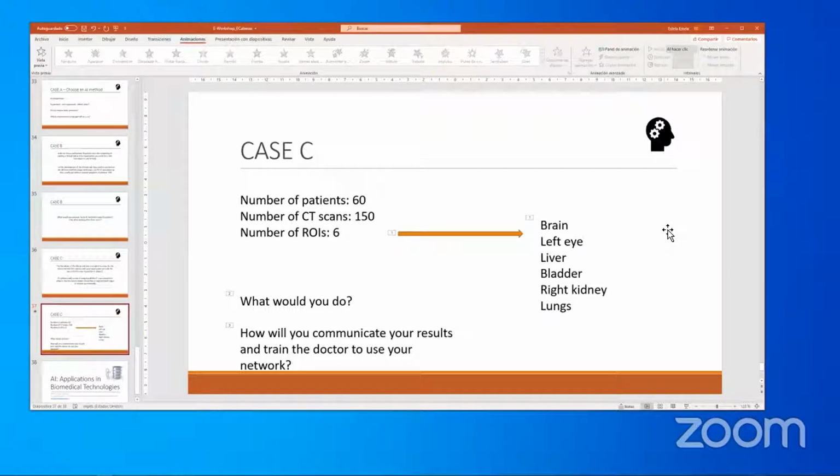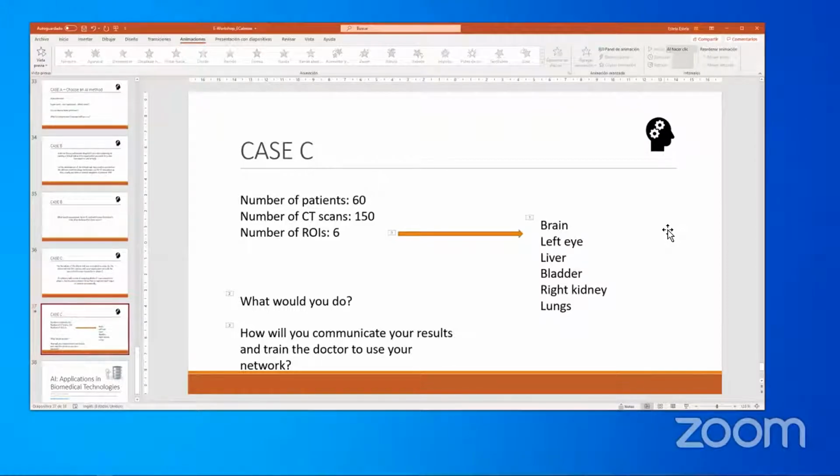And as we said before, this doctor doesn't know how to segment these images. So again, how would you teach and communicate your results to the doctor so the doctor uses this network for future patients? Because maybe this phase 2 is also a success and you want to move on. Supervised training data.